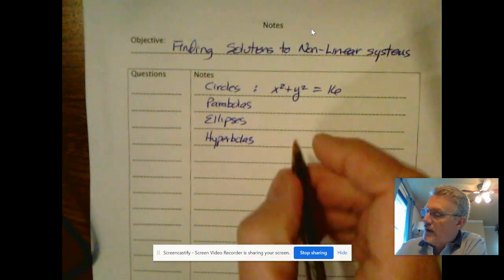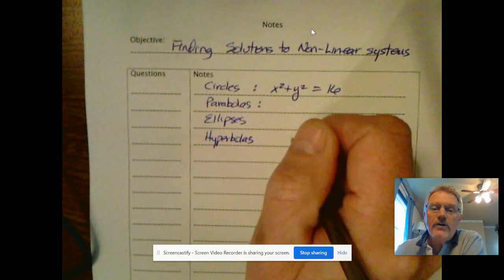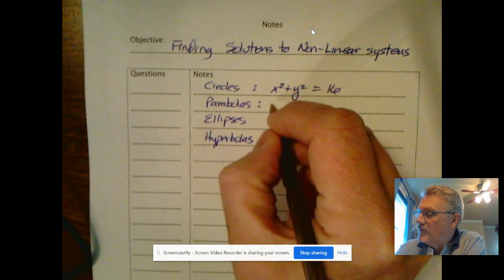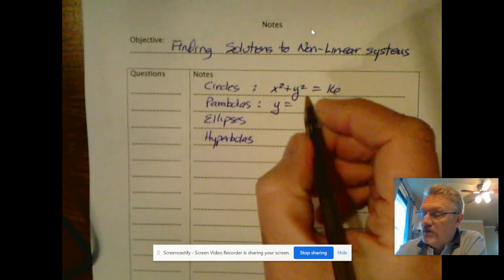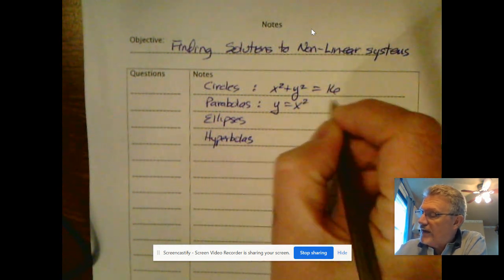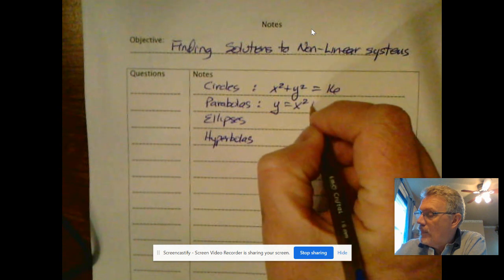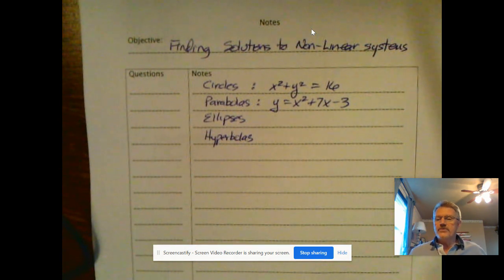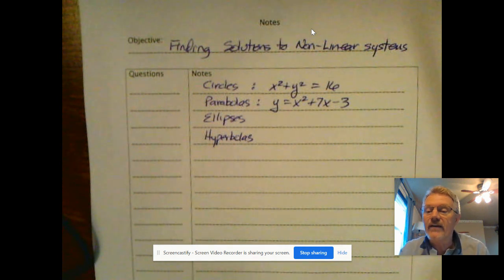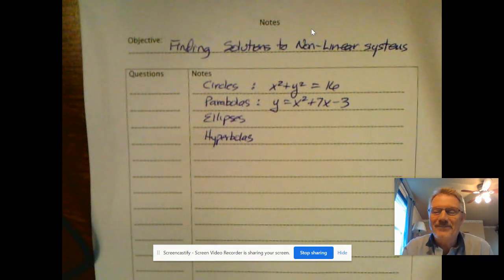For a parabola, either x is squared or y is squared. The ones that we're used to seeing and generally are at this level would be y equals x squared. I don't know why, but I always use 7 and 3 when I'm not thinking, when I make up an equation. Anyway, in this case, x is squared, y is not.